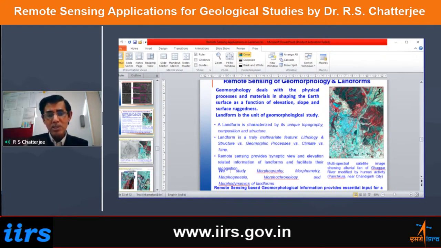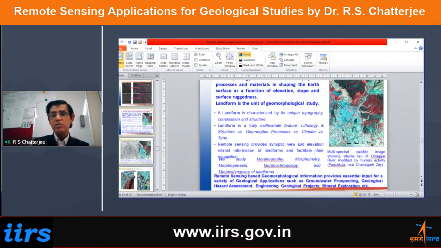And in geomorphology, we study the morphography, we study the morphometry or the measurements. Then morphogenesis, how these landforms have been developed, and when they have developed, morphochronology and morphodynamics, how far they are active at this moment. So all those things we study under geomorphology.